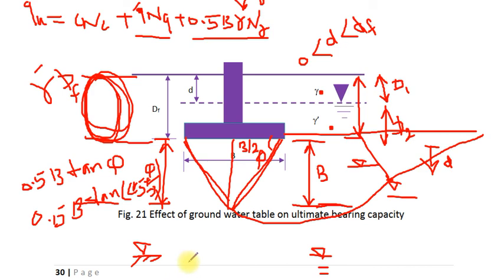Since the water table is far from the region of the shear stresses in the soil, there is no effect on the ultimate bearing capacity. It depends on the distance below the foundation that will be affected by the stresses.